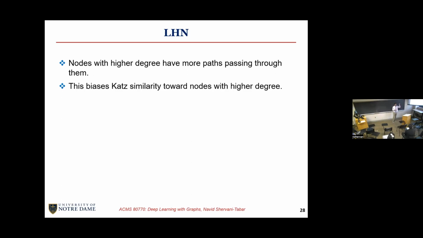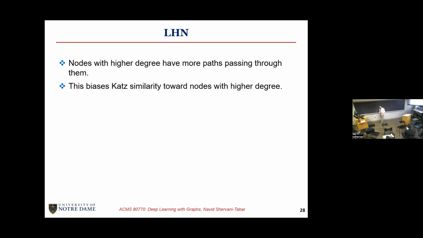The ones that were on the corner had lower degree, and there were fewer paths of different sizes ending at them. So the ones that have higher degree in general have a higher number of paths ending at them.